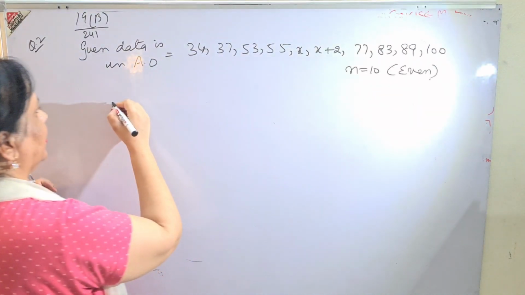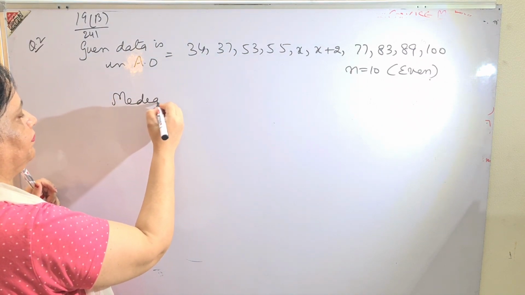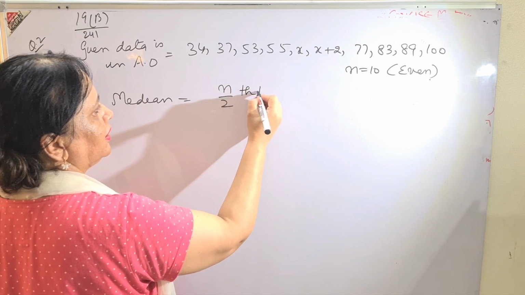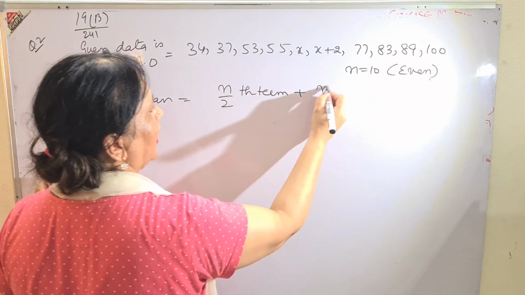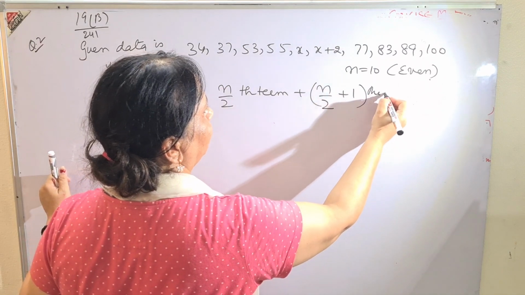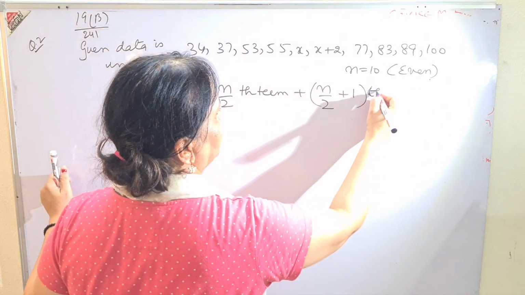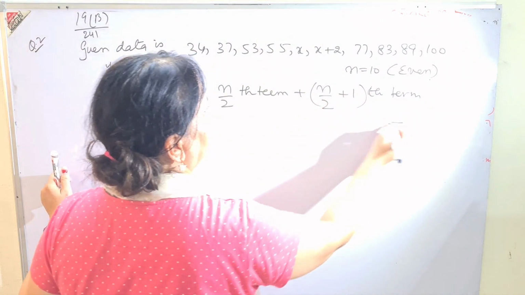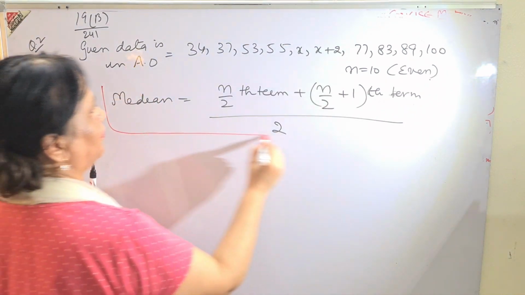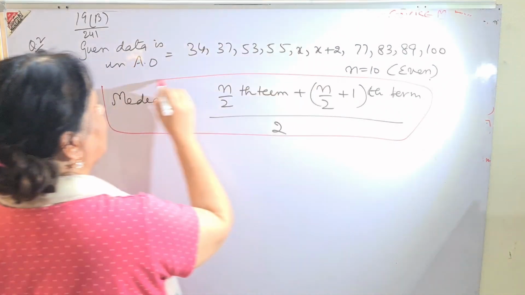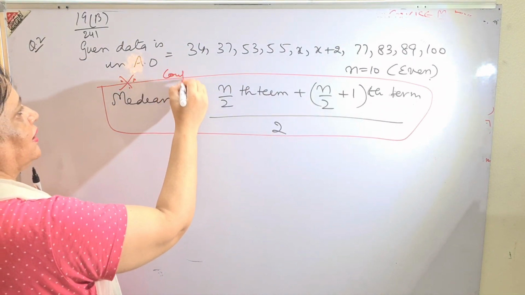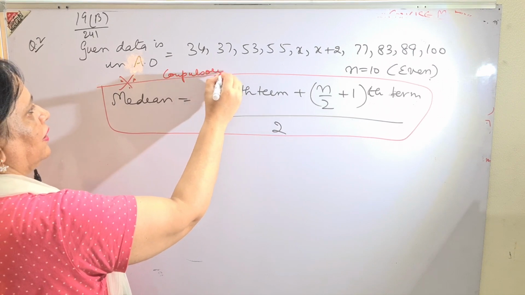So formula for the median will be, remember, (n by 2 th term plus n by 2 plus 1 th term) divided by 2. Children, I am marking this with red pen. If you will not mention the formula, your marks will be cut. This is compulsory to mention.